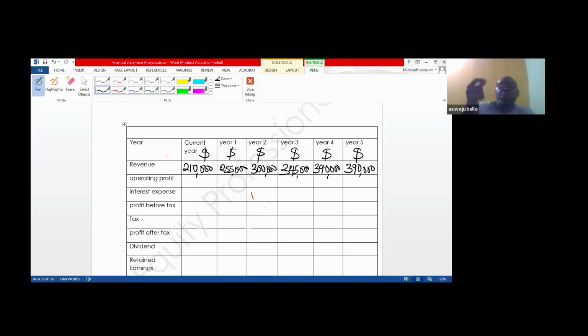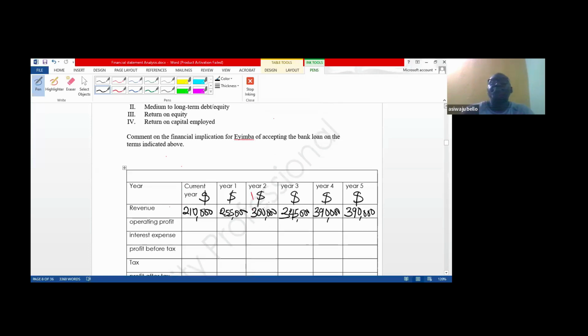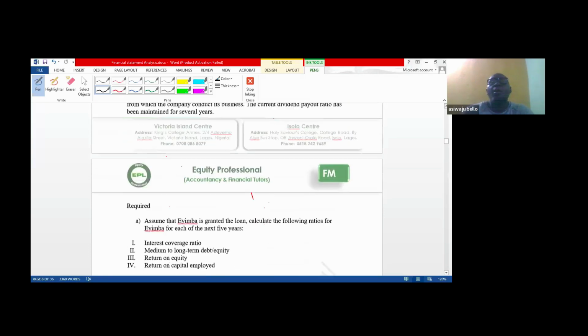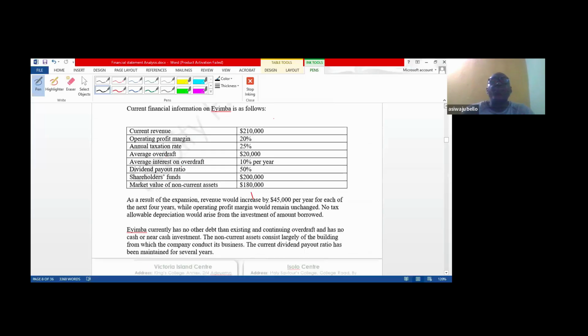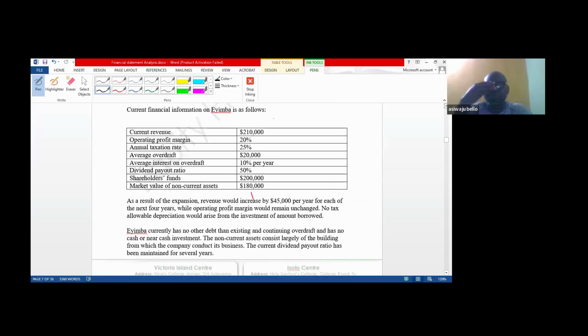Next, our operating profits. Examiner says operating profit margin 20%. What is operating profit margin? 20% of your revenue. Operating profit margin means profit margin from revenue. 20% of your revenue is your operating profit.